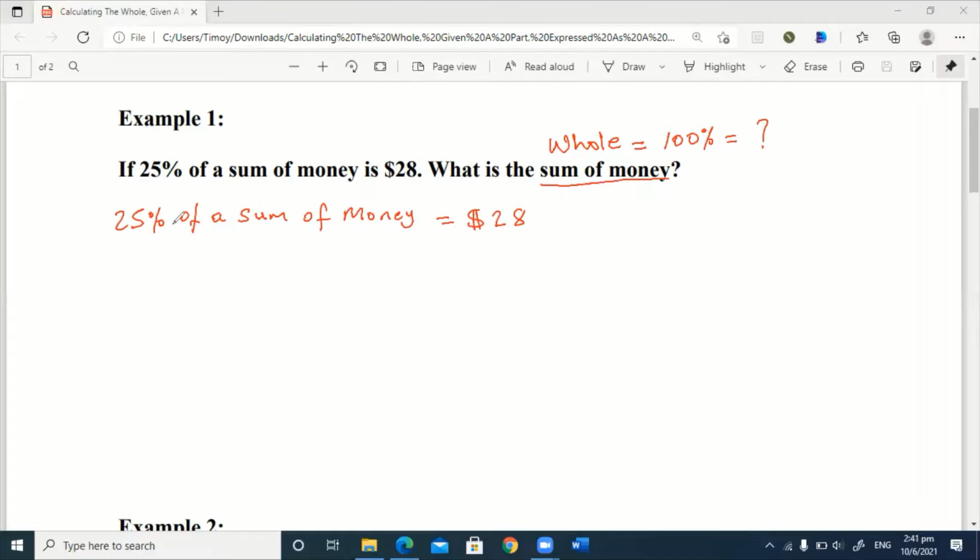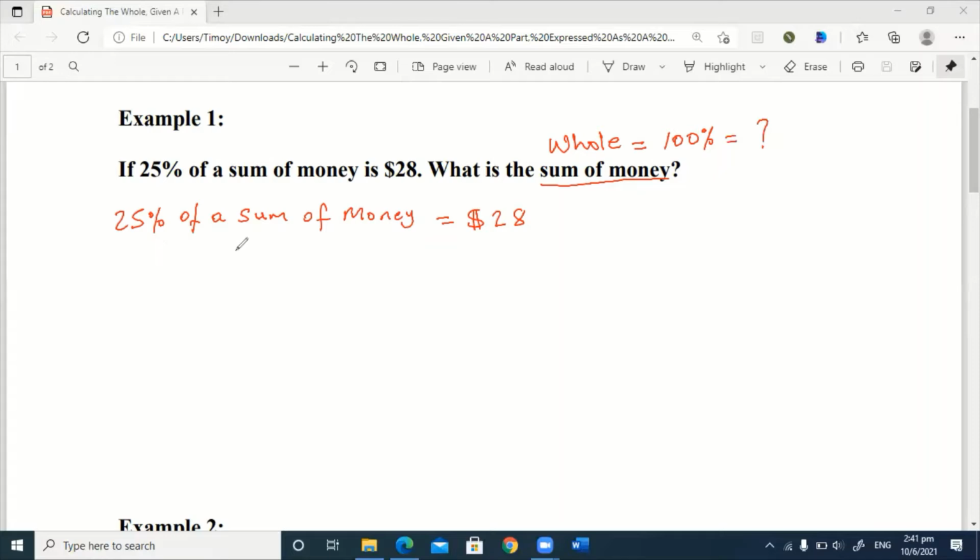So given that we know that 25% of the sum of money equals $28, how can we use this information here to find what 100% of the money is? Now, the easiest way to think of this is to find what 1% is.